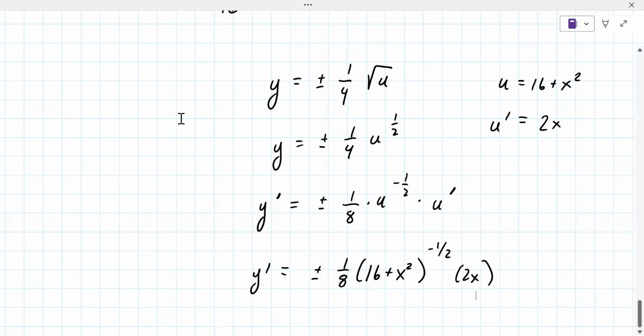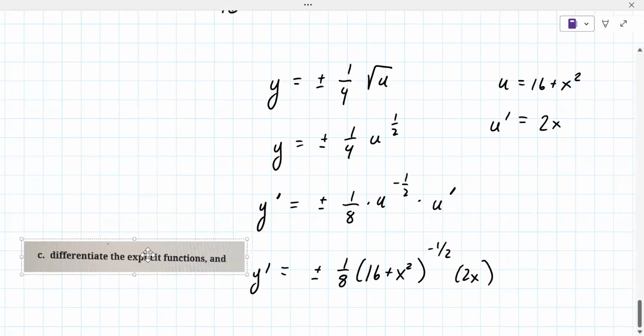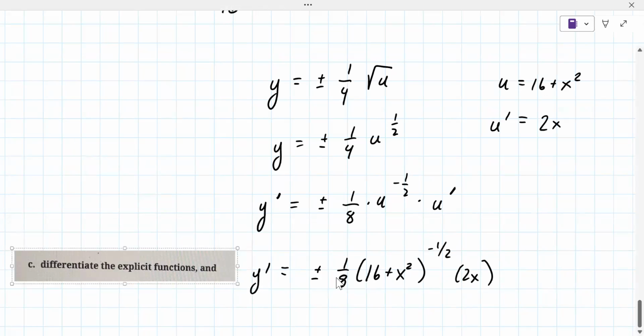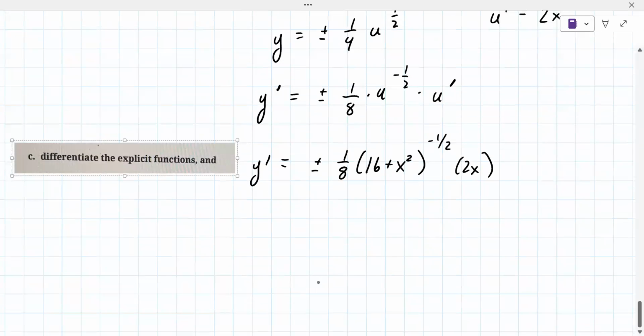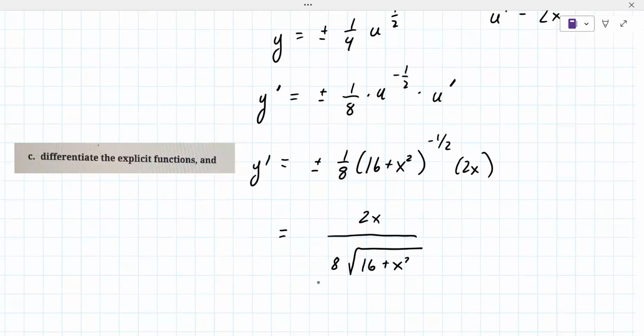So that's part C, where it says to differentiate the explicit functions. There are two, one's positive, one's negative. I was just including that the whole time. Now, in terms of how this could be written, it would be 2x over 8 square root of 16 plus x squared, still with the plus or minus. And then the 2 and the 8 cancel, so you get x over 4 square root of 16 plus x squared, plus or minus. And that's how you might see it written.